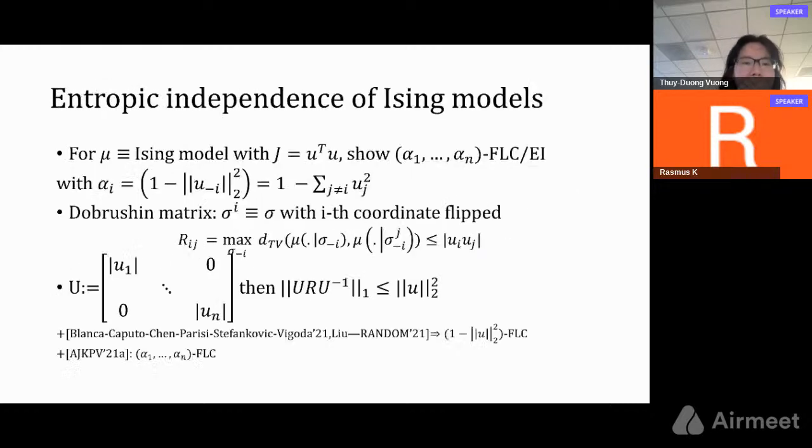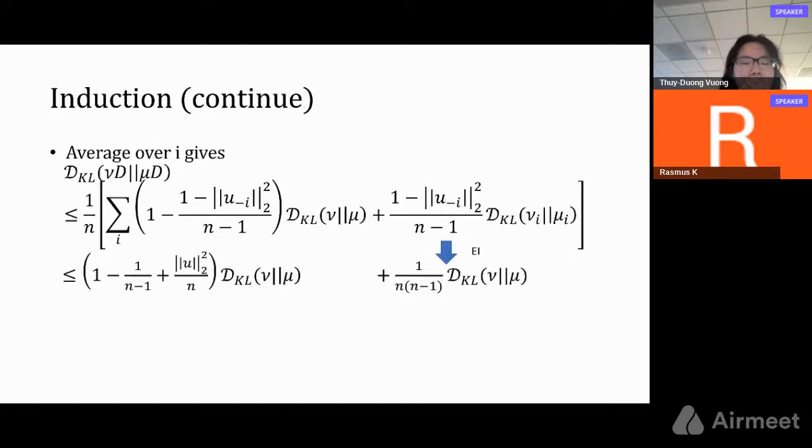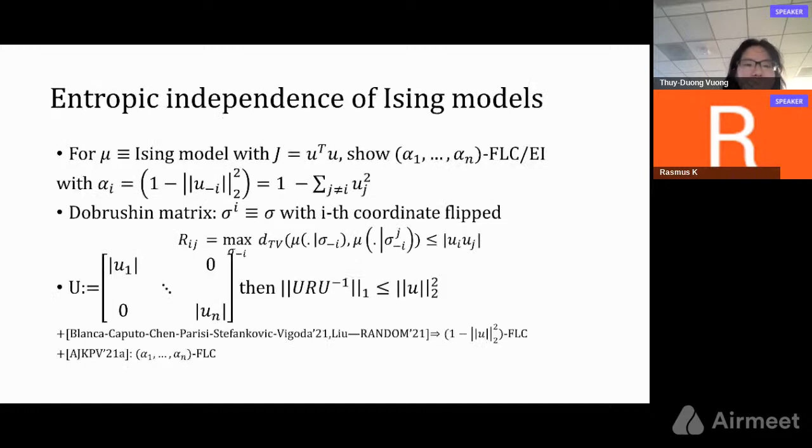And then in the last slide, I will just show how to establish this non-uniform entropy independence, but that requires one more idea. Previously we saw that fractional log-concavity implies entropy independence, right? So we will show fractional log-concavity for the Ising model.